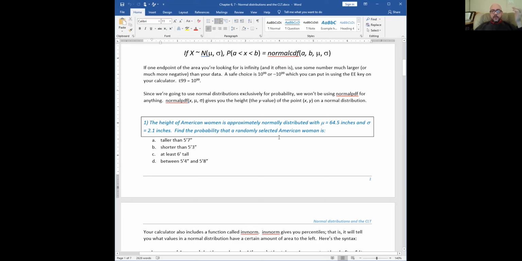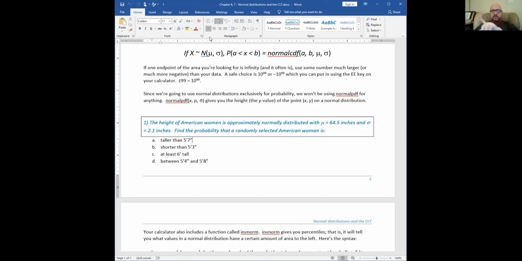So I'm going to have mu equals 64.5, sigma equals 2.1, and I want to go from 67 inches and up. So what do I want to do here? Let me visualize this with my Desmos graph, because I think that's going to be really helpful rather than trying to draw one of these every time.